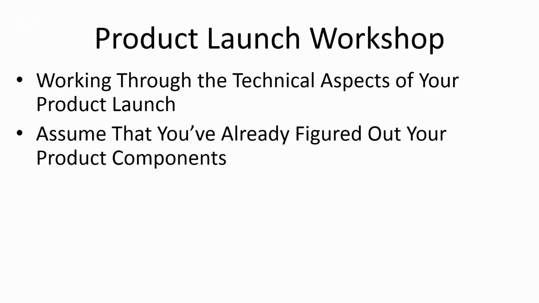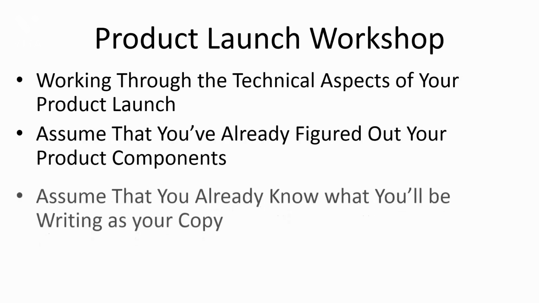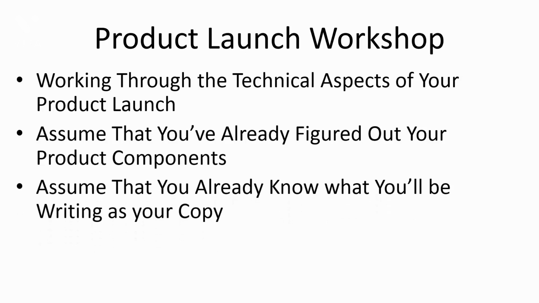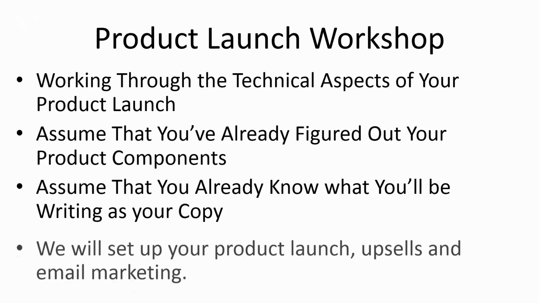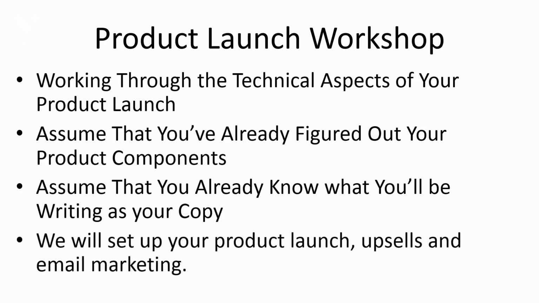So if you know you're going to be delivering a PDF or a series of PDFs or videos or a members area, we're going to assume that you already know that and that you are then ready to deliver that content. Number 3, we're going to assume that you already know what you'll be writing as your copy. And finally, we will set up your product launch, upsells, and email marketing in this series. So we're going to take all 4 sessions in order to do that.